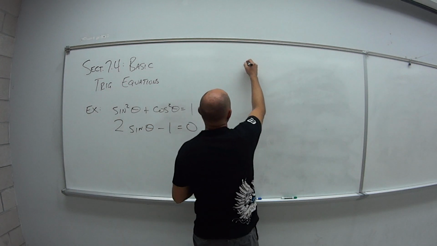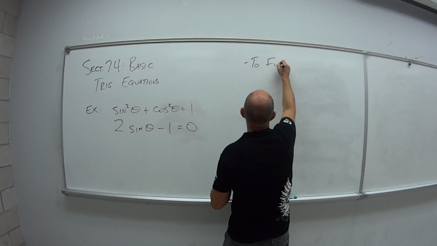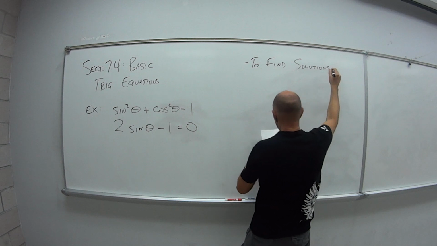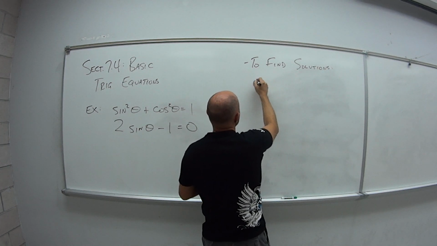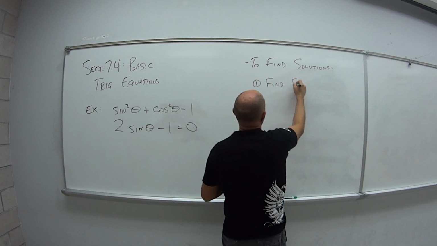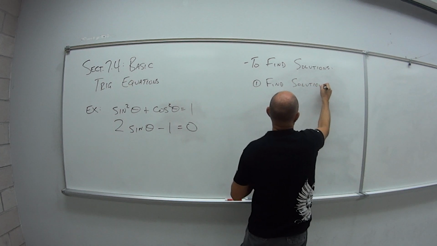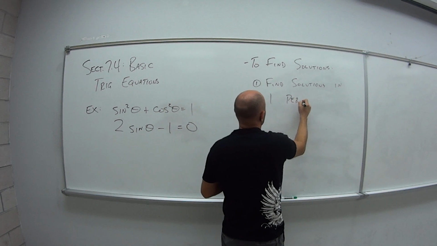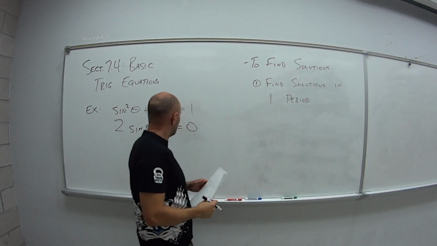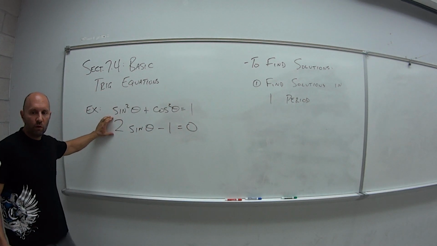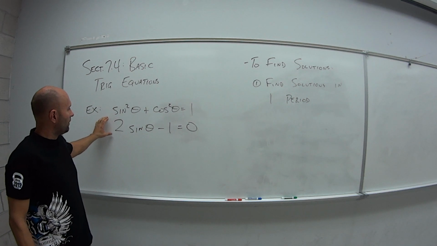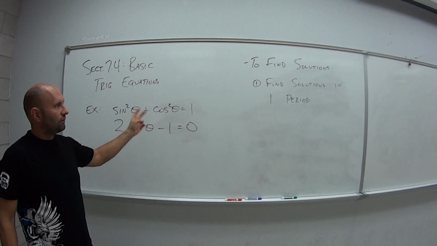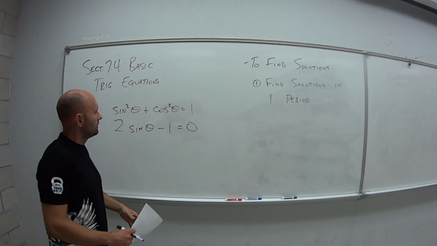So to find the solutions, we're going to do the following. We're going to find the solutions in one period. Let's look at this second example. If we were to solve this equation and get a value for theta, that would only give us values within one period.